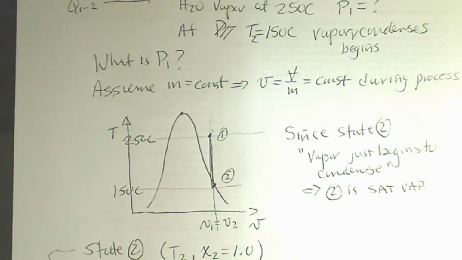So at 150 degrees, the specific volume of the saturated vapor is 0.39248 meters cubed per kilogram.